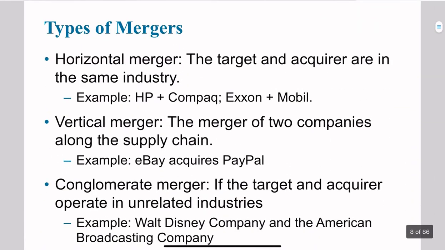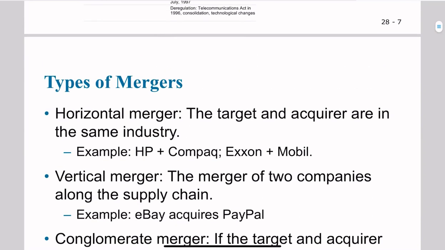There are several types of mergers. The first one is horizontal merger. From the name, it basically means the target and the acquiring firm are in the same industry. Essentially we're looking at the supply chain. If the target and the acquirer are at the same location of the supply chain, then it's horizontal.